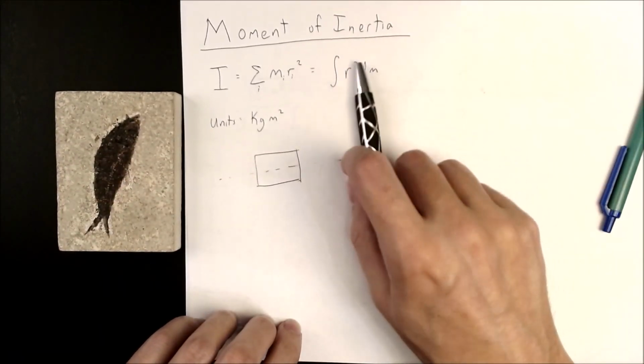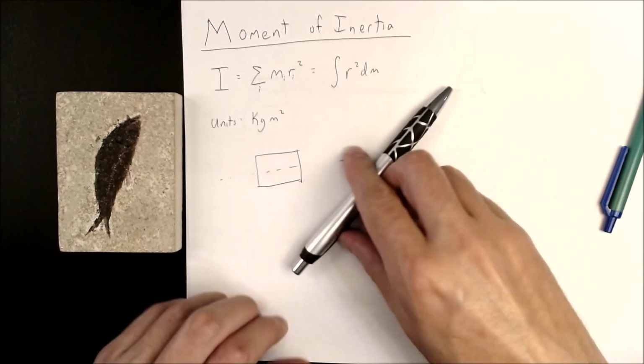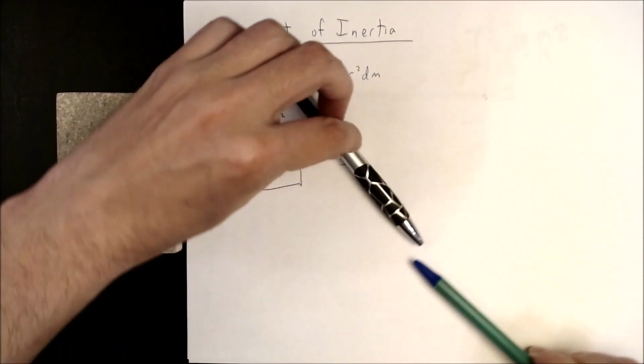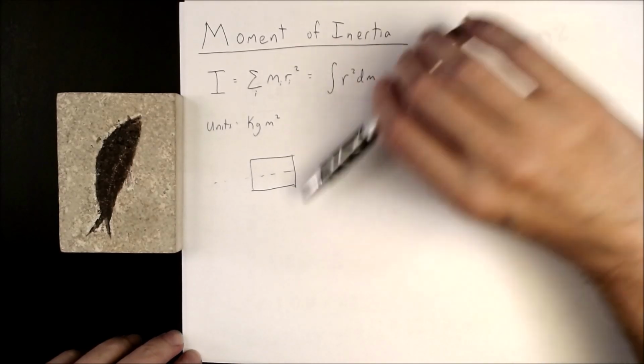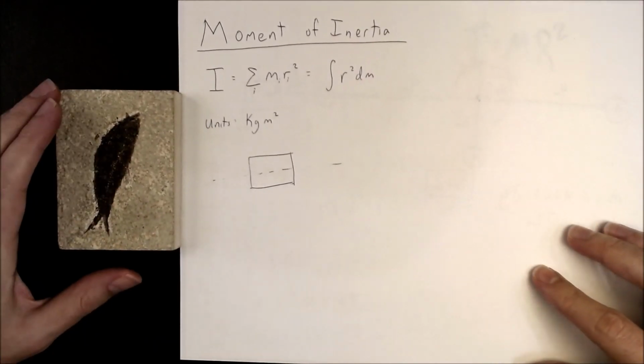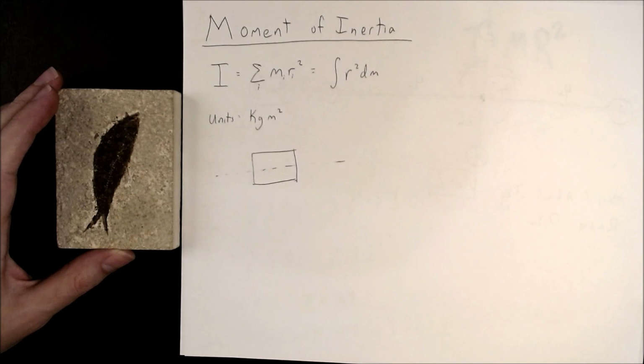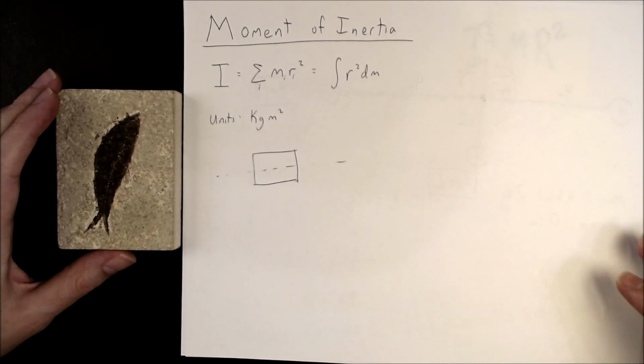Whereas if you're trying to rotate it around like this, then the atoms are having to move quite a bit farther as they go around. So remember that the moment of inertia is a measurement of how difficult it is to rotate an object.